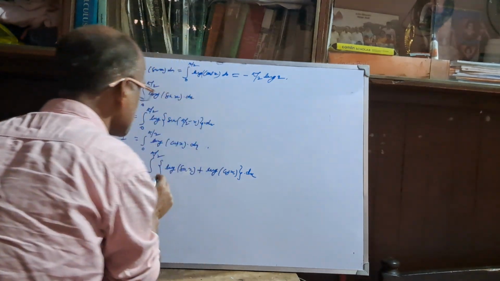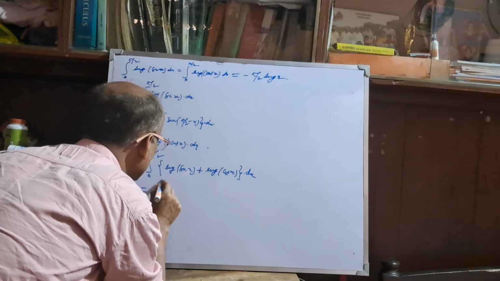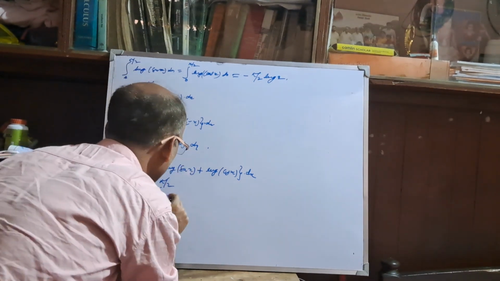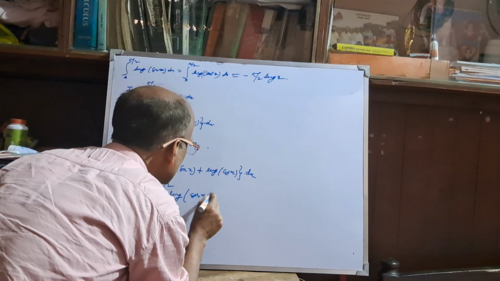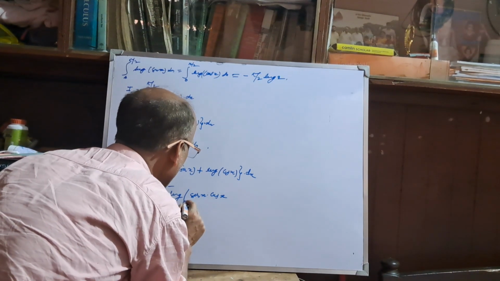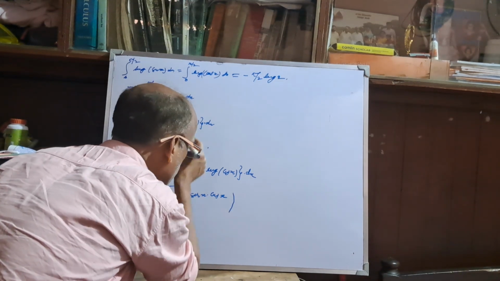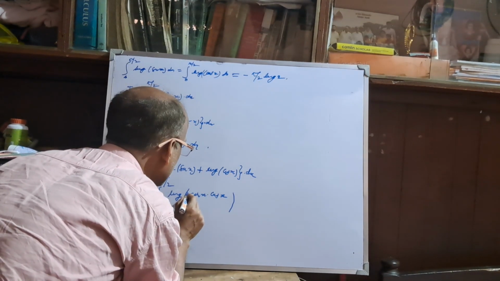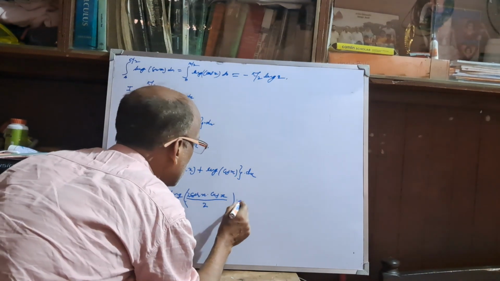Okay, you just see here what will be: integral from 0 to pi by 2 of log sin x cos x. A little bit I am making it big, multiplying numerator and denominator with 2, and that is dx.